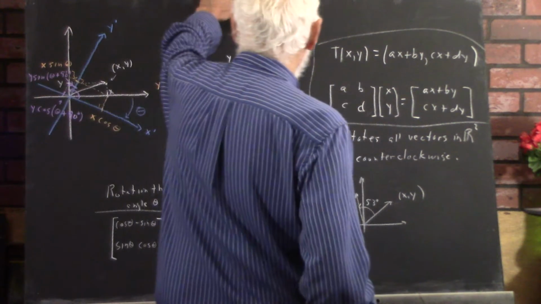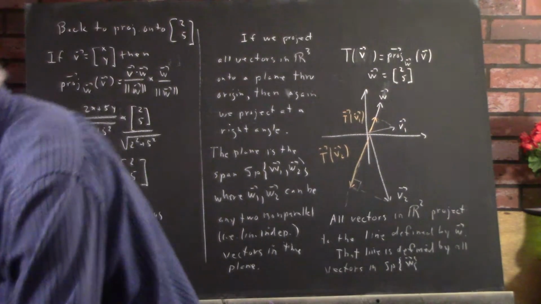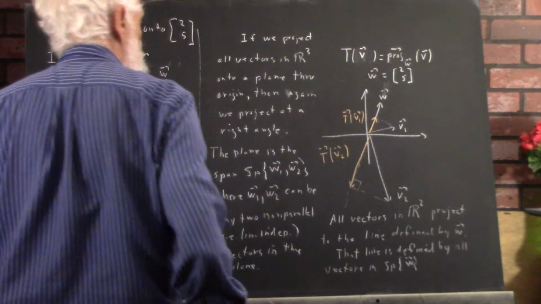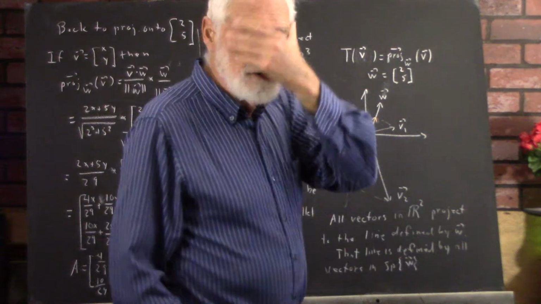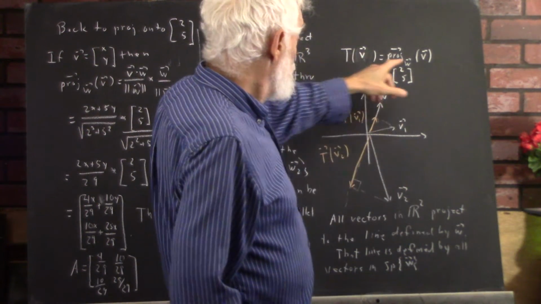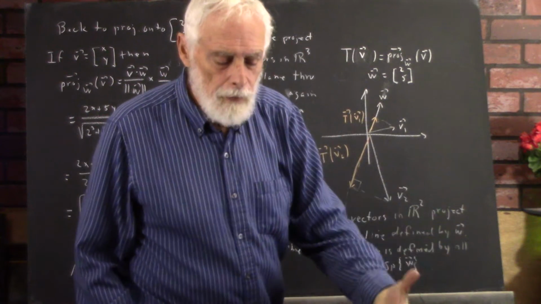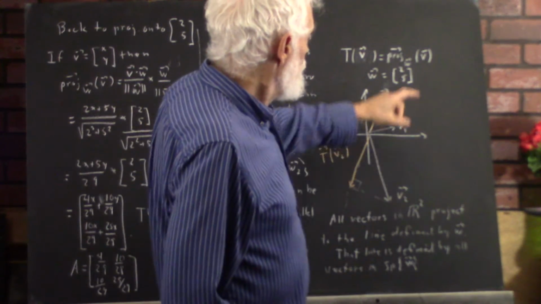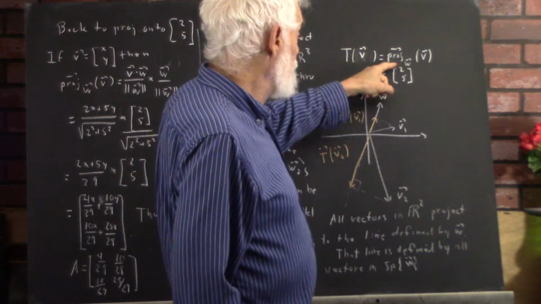Now, what have I got next? Okay, projections. We can define a linear transformation as a projection. And really all we've got to verify to show that this is a linear transformation is if we project the vector v1 plus v2 onto w.